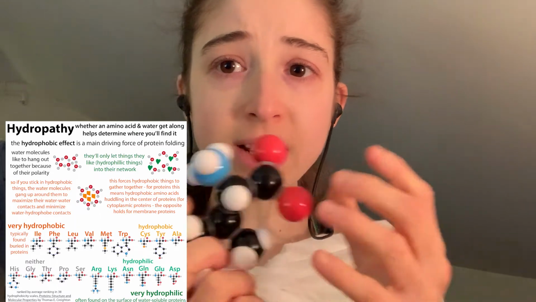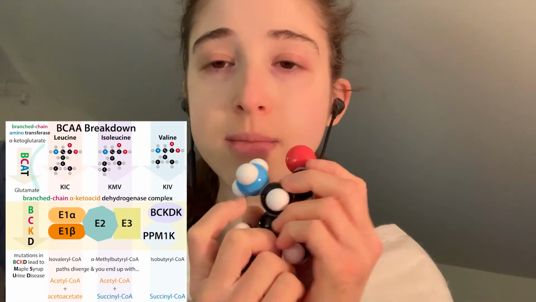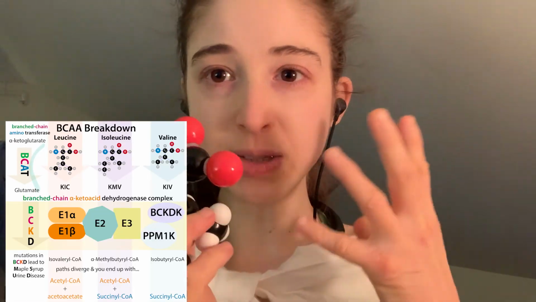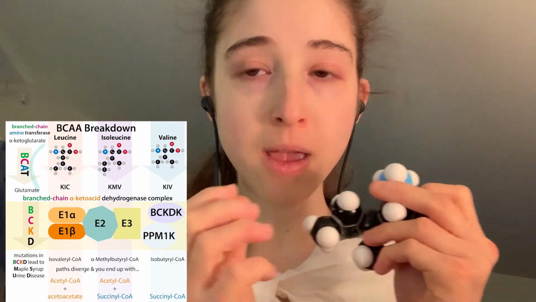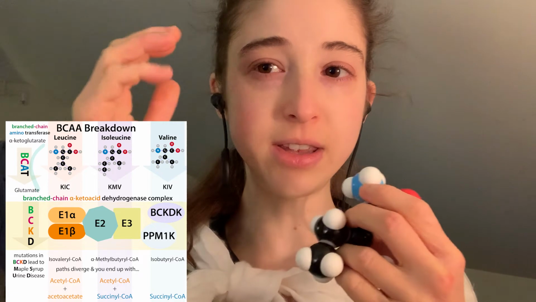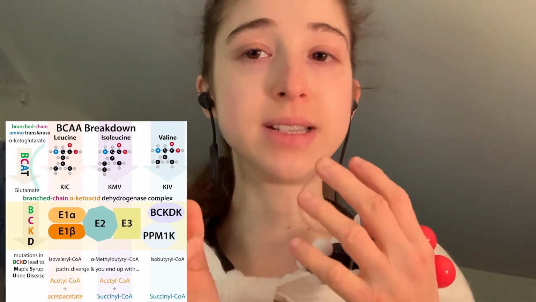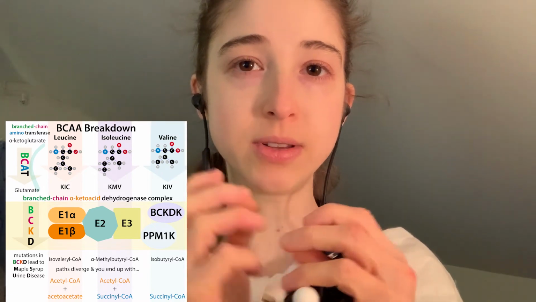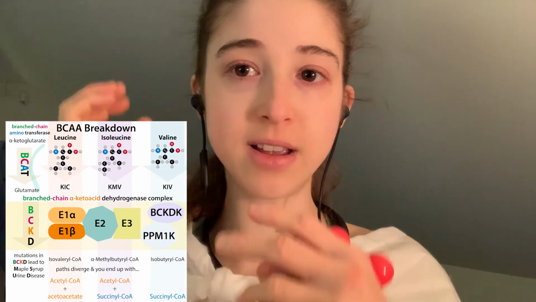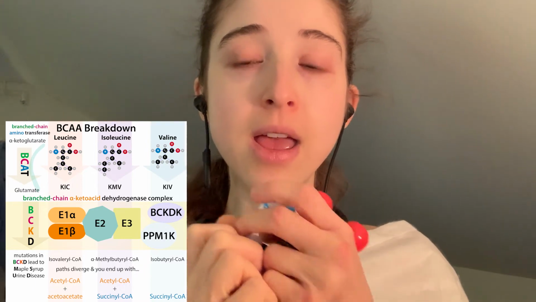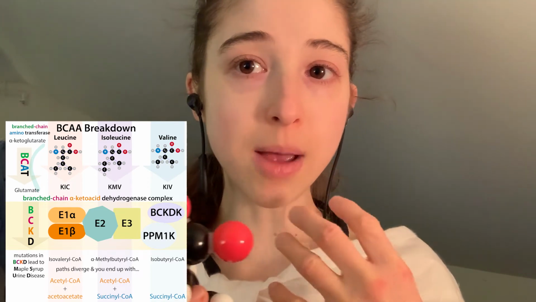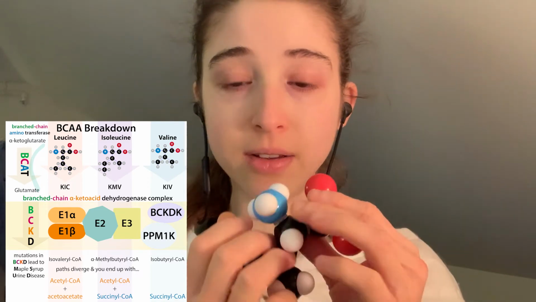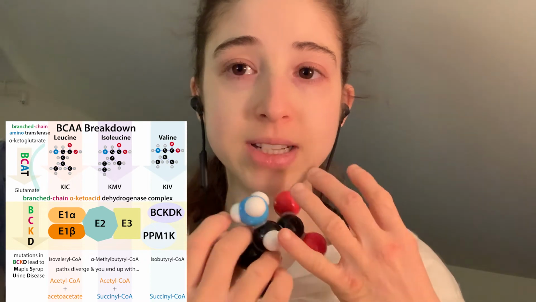In addition to those things in common, these branched chain amino acids go through similar breakdown processes. They use the same enzyme complexes, the same protein helper machinery that helps break them down. If you have problems with this machinery, that can cause a buildup of intermediates of these amino acids and the amino acids themselves.